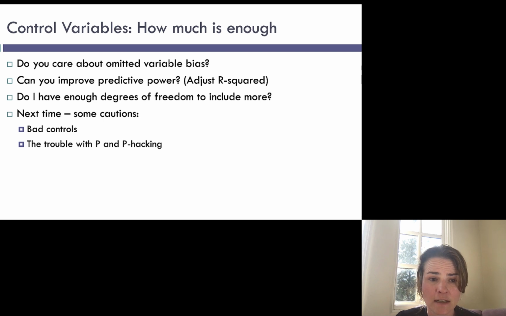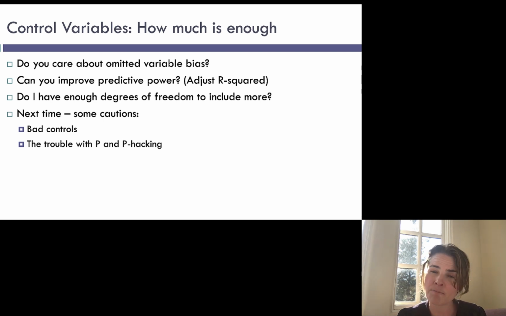There's some more cautions too, and next time we're going to talk more about some things like bad controls. These are fun, so we'll have fun with bad controls. The trouble with P and P hacking, why P isn't the perfect measure of whether or not I should include additional variables. It's one way of thinking about it, but it has its dangers too, and we'll focus on that a little bit more next time.